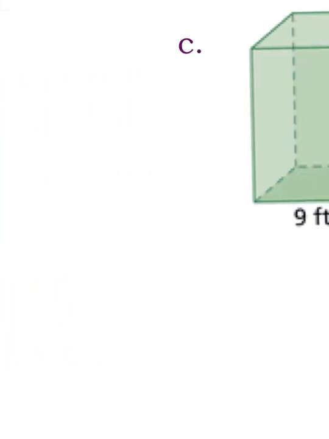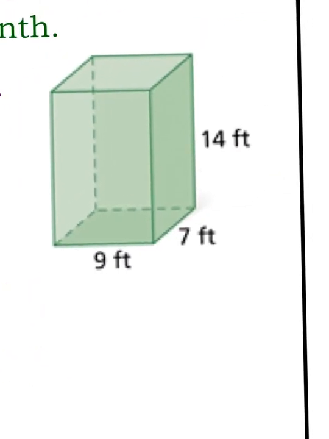Looking at C, my perimeter of my base is, let's see here, I have 2 sides of 9 and then 2 sides of 7. So 9 times 2 plus 7 times 2 is 32.